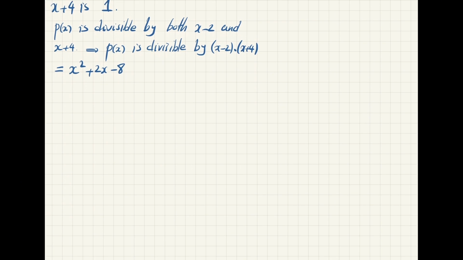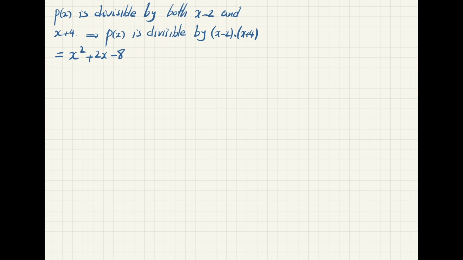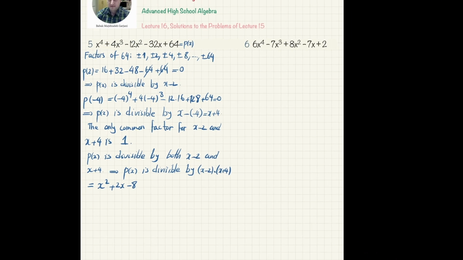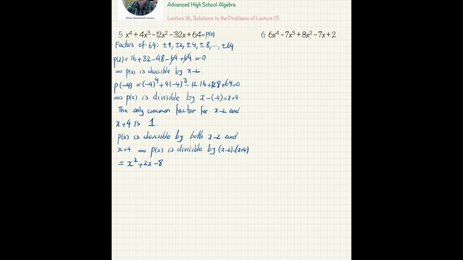So I can now set up this division. Let me make it a little bit smaller to see it. So it's x to the 4, let me write from the corner. x to the 4 plus 4x to the 3 minus 12x squared minus 32x plus 64.